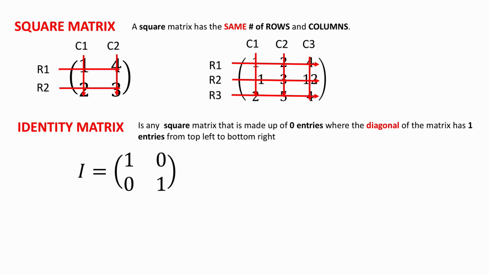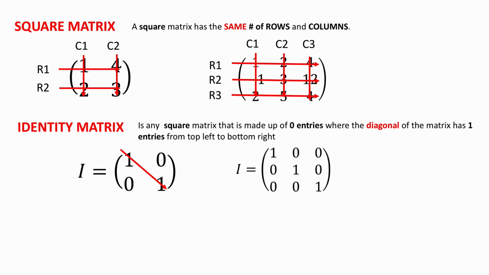So for example, this here is an identity matrix of order 2 by 2, where I is represented as the identity matrix, and we see that the diagonal from left to right is comprised of ones, and the other entries are zeros. Now let's look at a 3 by 3 identity matrix. Again, it is represented by I, and we have the diagonal from left to right being comprised of ones and all other entries are zeros.